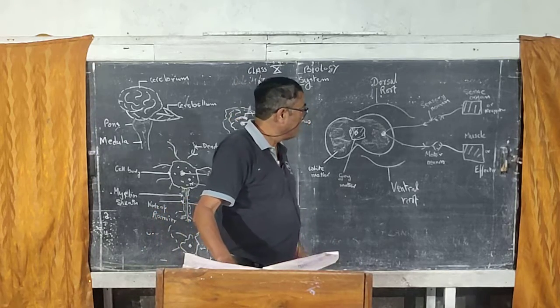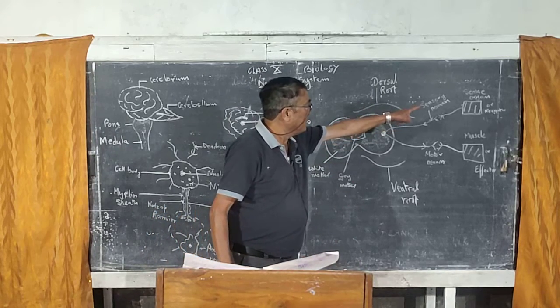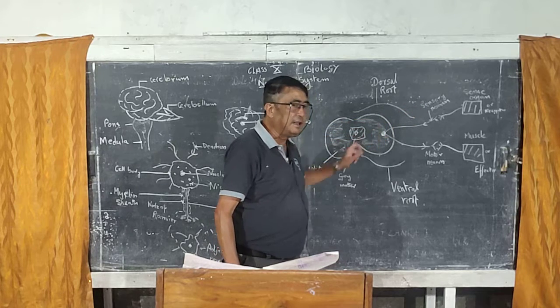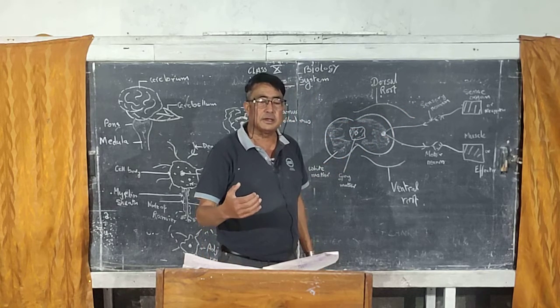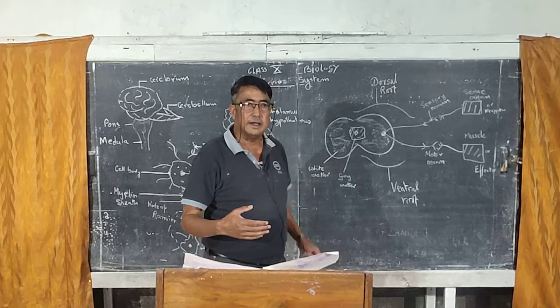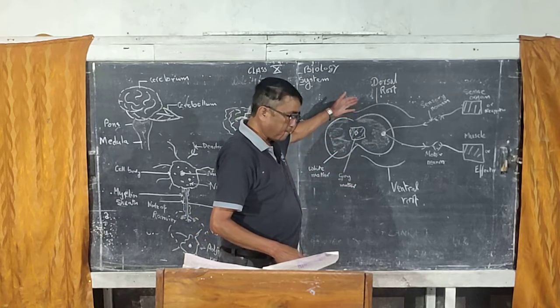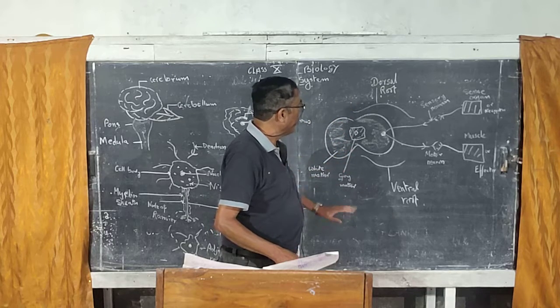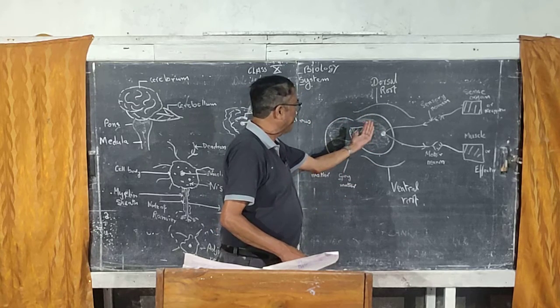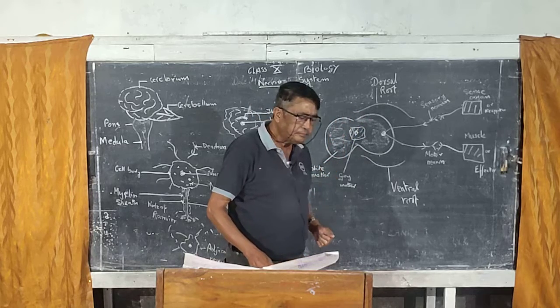A sensory neuron brings impulse from the sense organ to the central nervous system, mainly to the spinal cord, and the central nervous system comprises the brain and the spinal cord. This one is a cross section of a spinal cord.